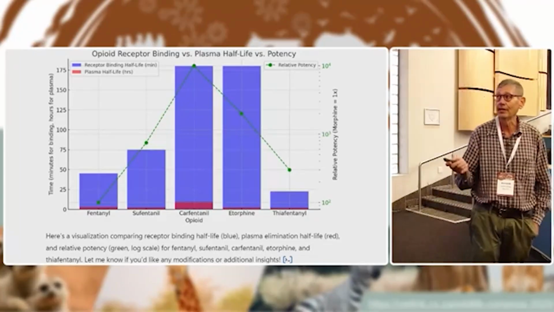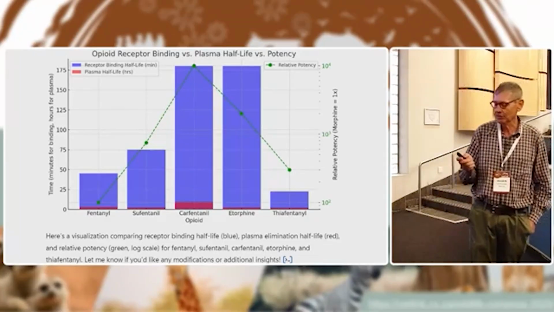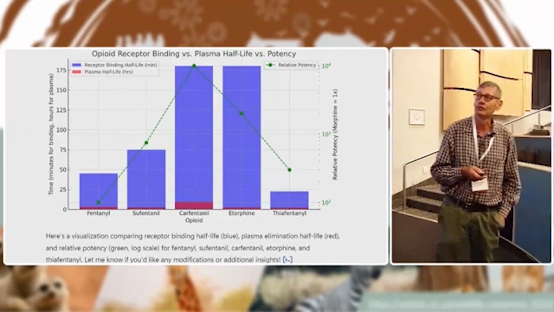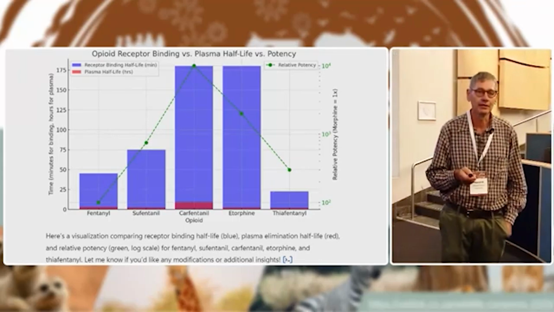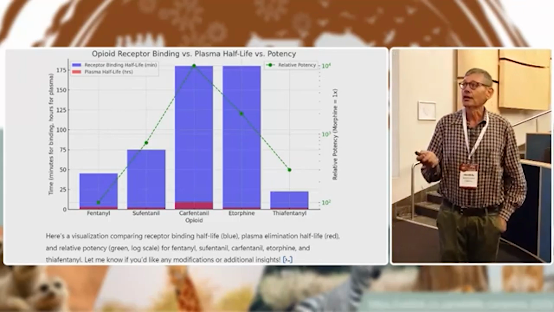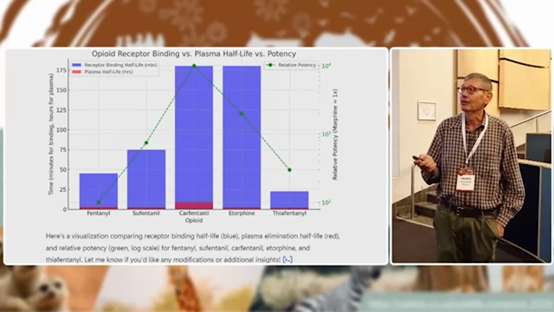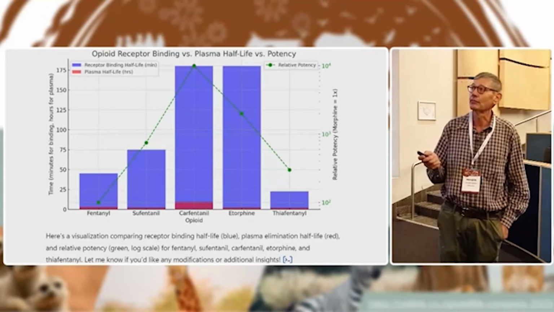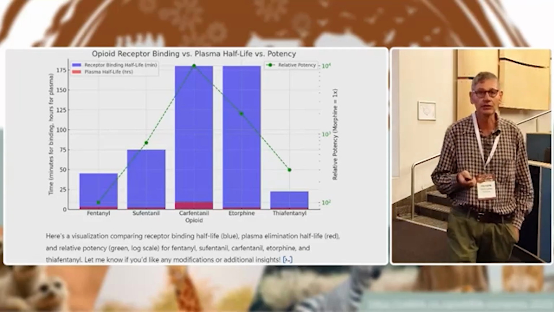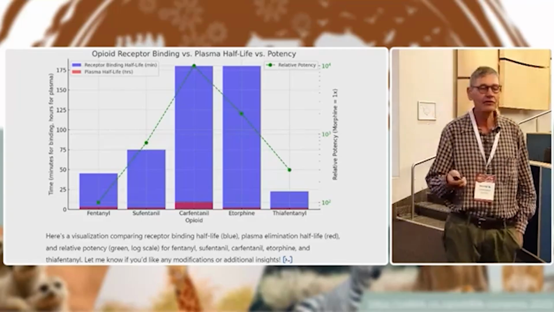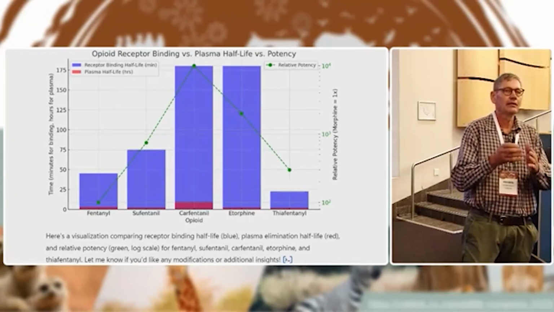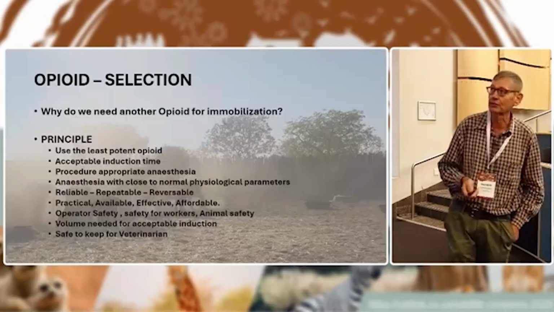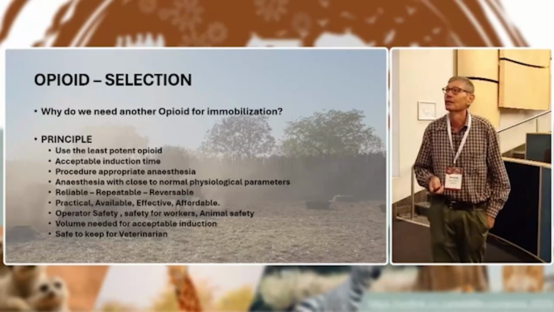In the combinations, we can use that as our primary inductive agent. You can also look at the receptor binding half-life and the plasma half-life. That gives you a good indication of the safety of the drug, but it will apply to the specific conditions. What is it that you want to do?